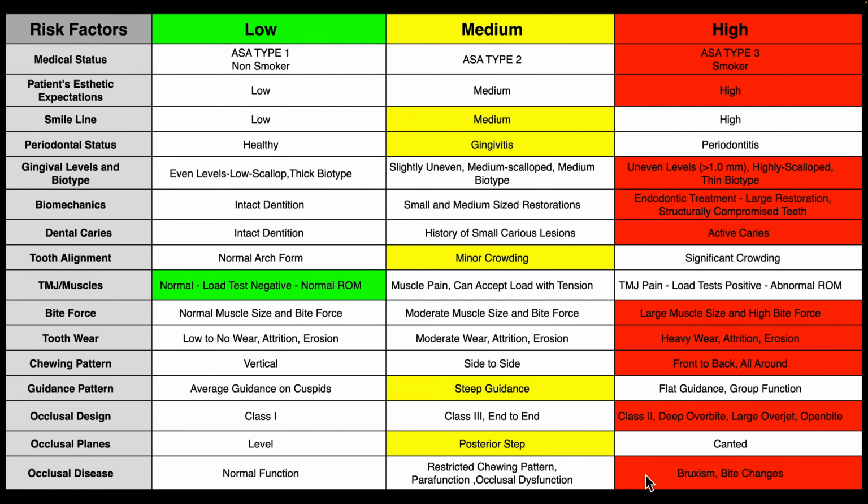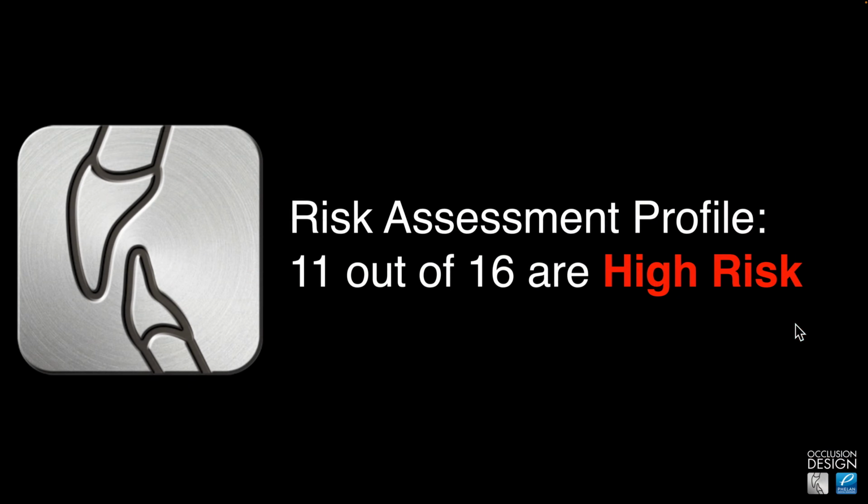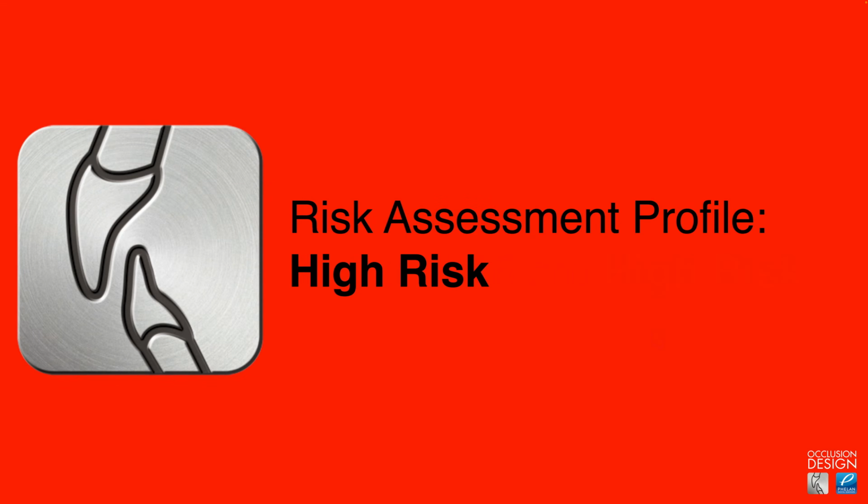So he has a lot of red and in bad places: large muscle, high bite force, high erosion and tooth wear and attrition, deep overbite, evidence of bruxism, endodontically treated teeth. There are a lot of areas of red, which causes this to have 11 out of 16 red. So I said that the risk profile for this patient is high.